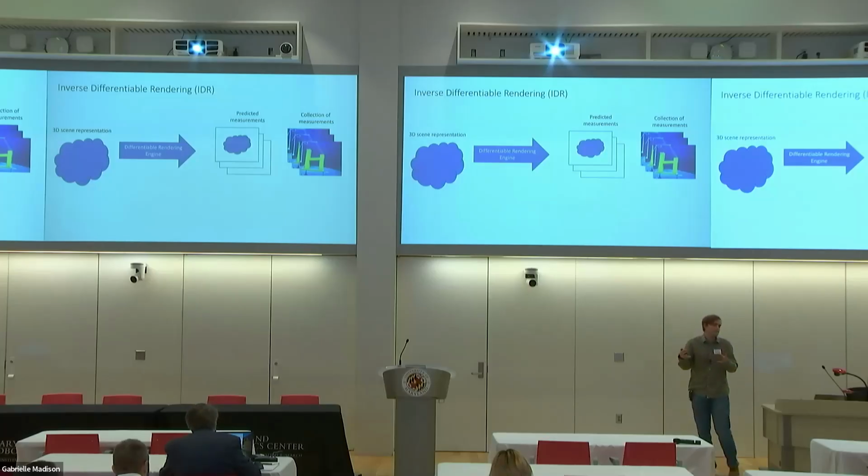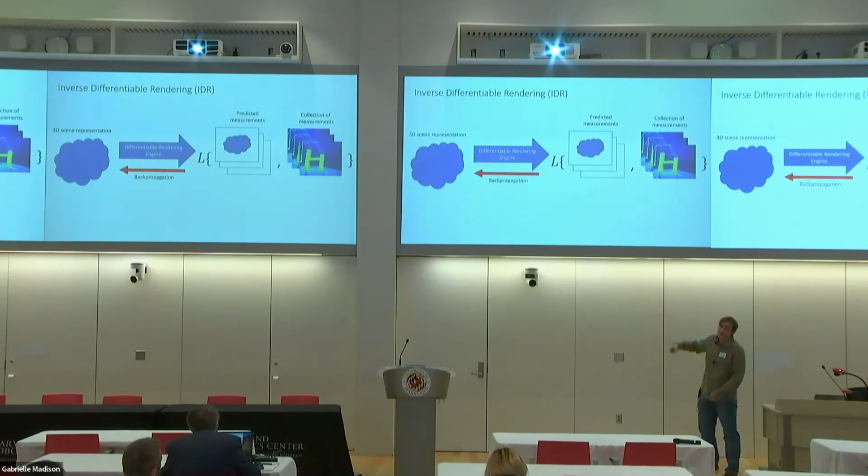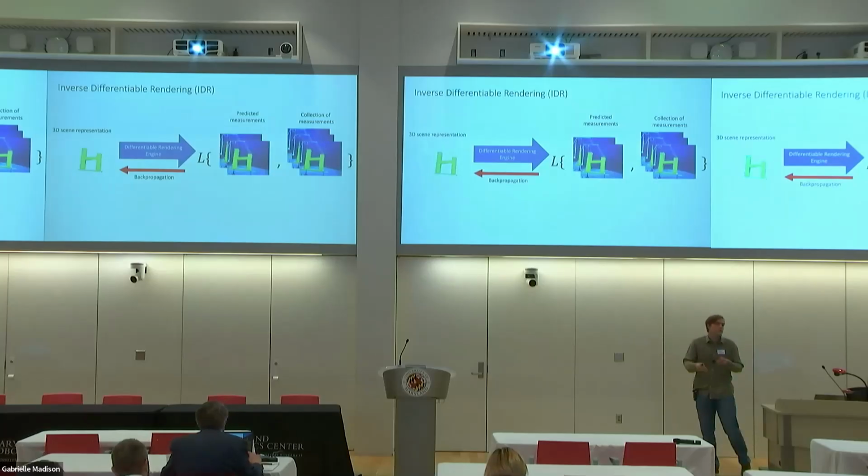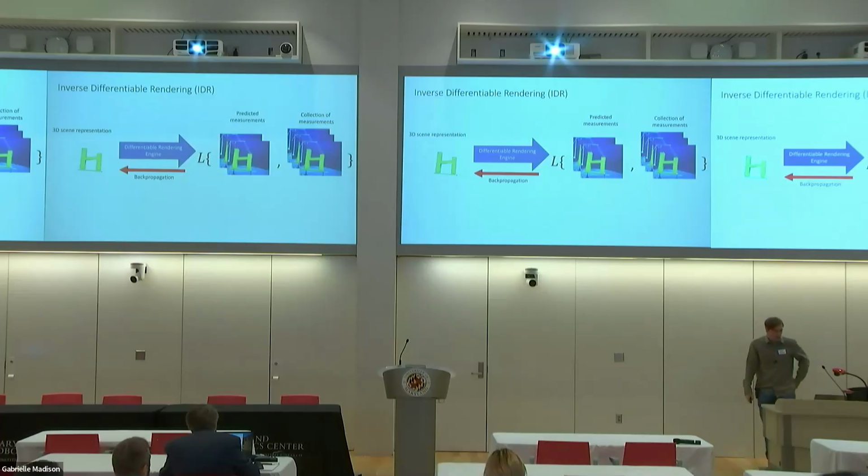What would my predicted observations look like? So I have some 3D reconstruction. I render, well, if this was correct, this is what my RGB images would look like. Inevitably, when you initialize, it doesn't look anything like it. You compare the two, backpropagate, and update that representation, and rinse and repeat, and eventually you become consistent with those measurements, and hopefully your measurements are sufficiently constrained that you've reconstructed an accurate 3D representation of the scene.